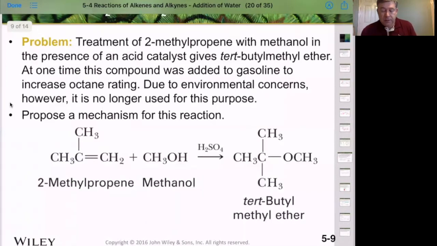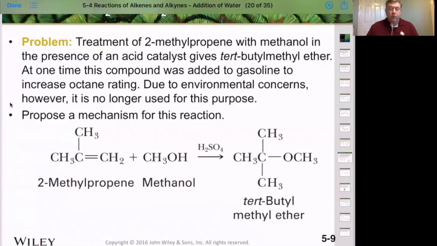Okay, so now let's do something else. Instead of using water as our hydrating agent to add across the double bond, what if we added instead alcohol? So we still have an acidic proton there to work with, but it's going to give us a different product.